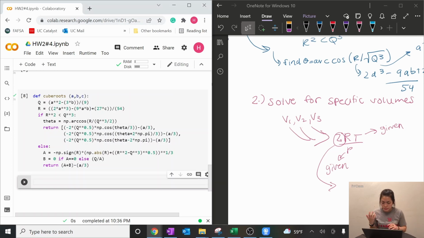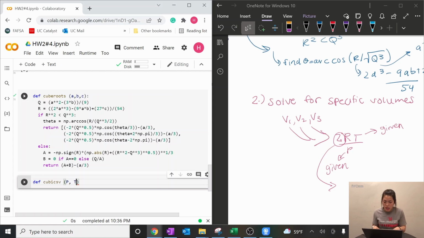So we know we want to use a function that will solve for the specific volume, so we'll call it cubic SV, and we want to give it some parameters, some things that we have. And so we know that we are going to be given a pressure.